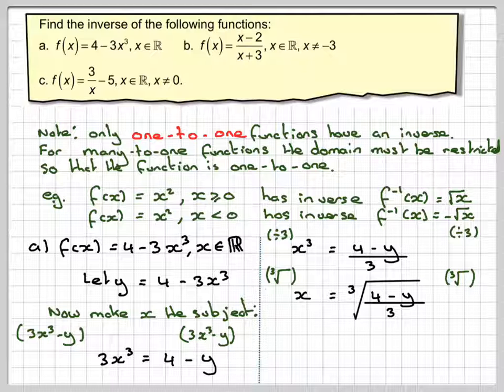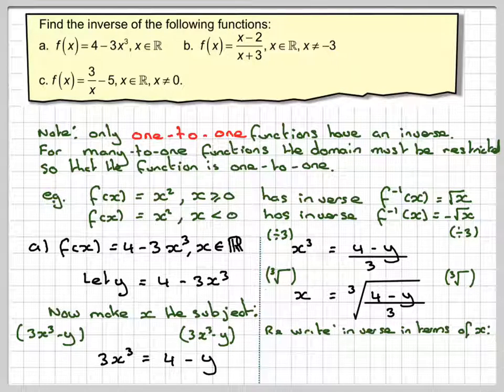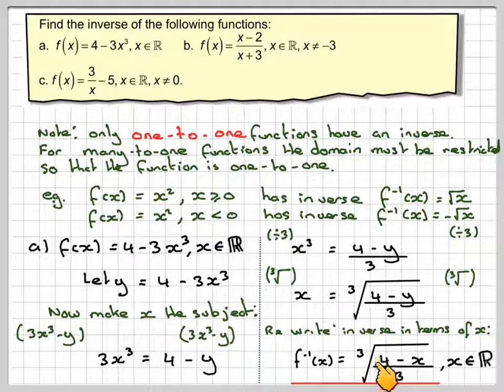Now obviously we write the inverse function in terms of x. So rewriting the inverse in terms of x, we're going to have f to the minus 1 of x is equal to the cube root of 4 minus x over 3. So we change the y to an x. So this is the inverse function of this function.